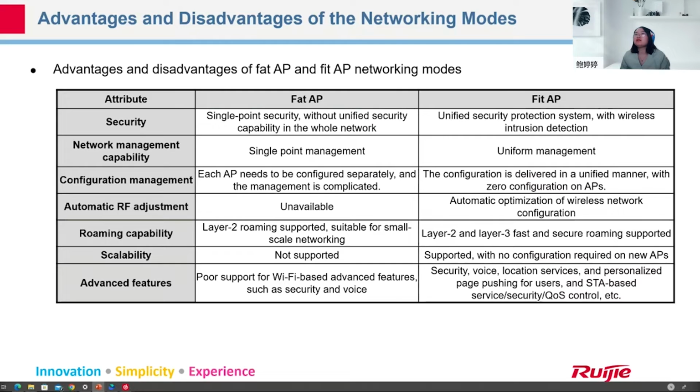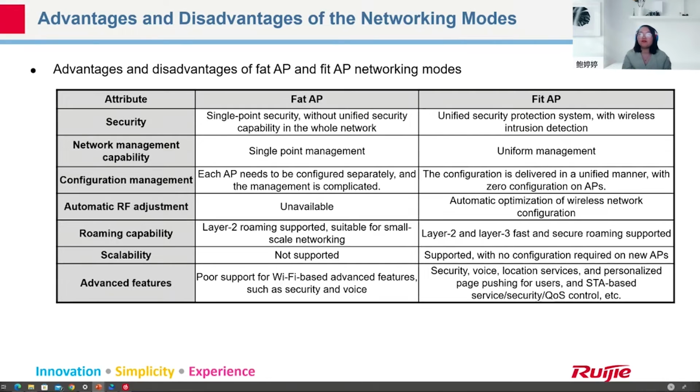So the advantages and disadvantages of these two networking modes. If your network is big, with multiple APs, we suggest to use Fit AP and AC together. Otherwise, if you are in your home, in your SOHO network, maybe using a Fat AP is enough.